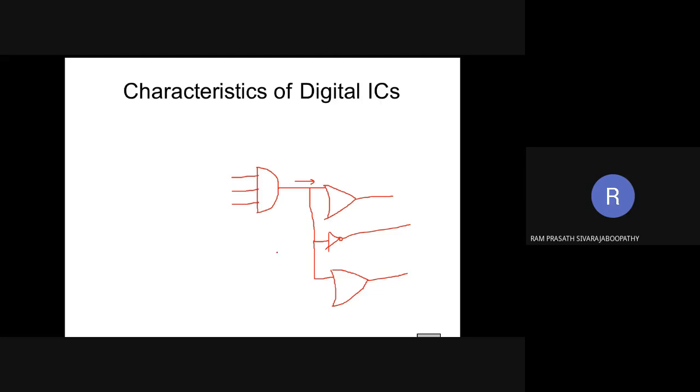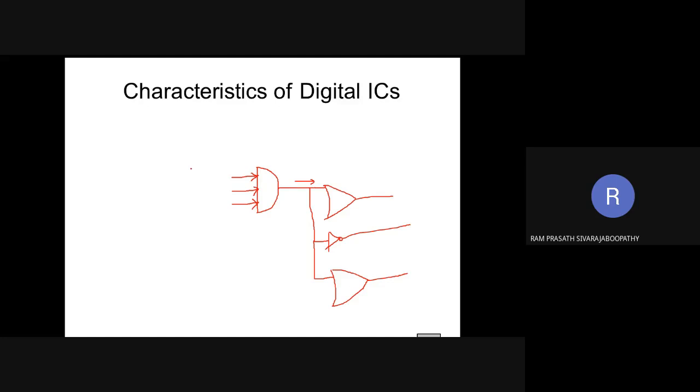Now I give this output as an input to other logic gates. How many inputs can I drive from this output? That is one parameter. The number of inputs to the logic gate is one parameter. Similarly, even though we have only one output, how many logic gates it can drive as inputs is the next parameter.